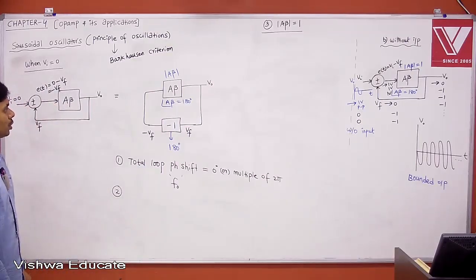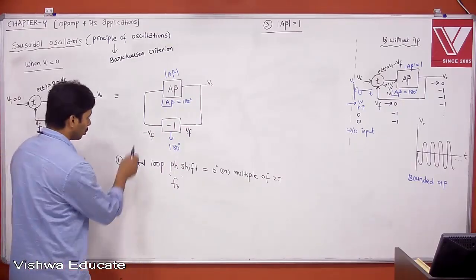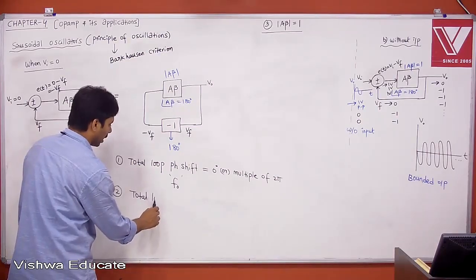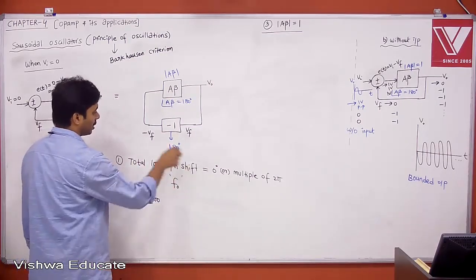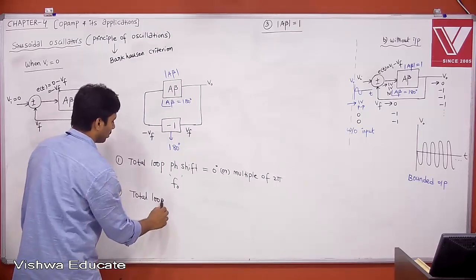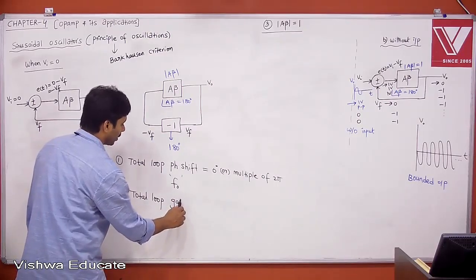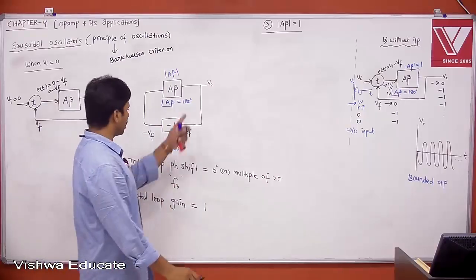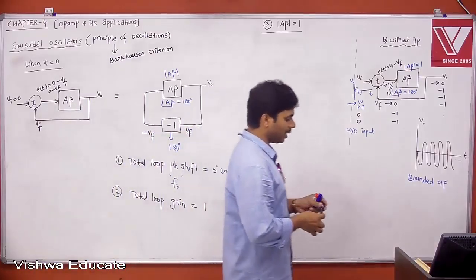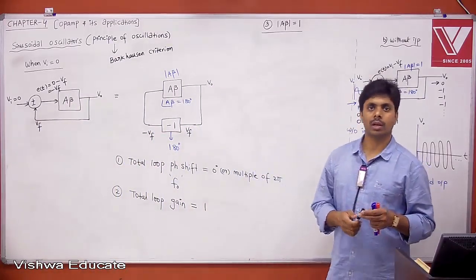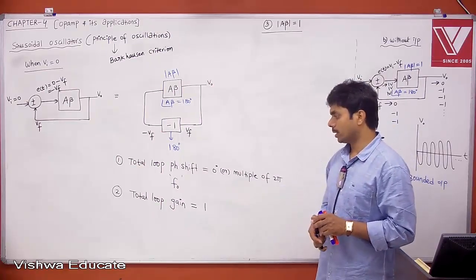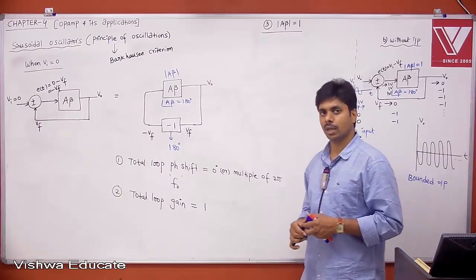Write down the total loop gain. Actually, this is related to the phase response, and this is related to the magnitude response.